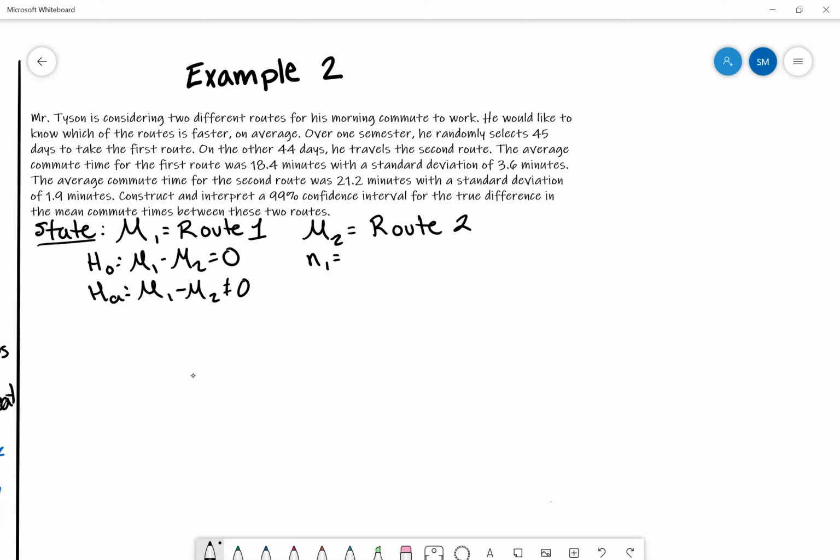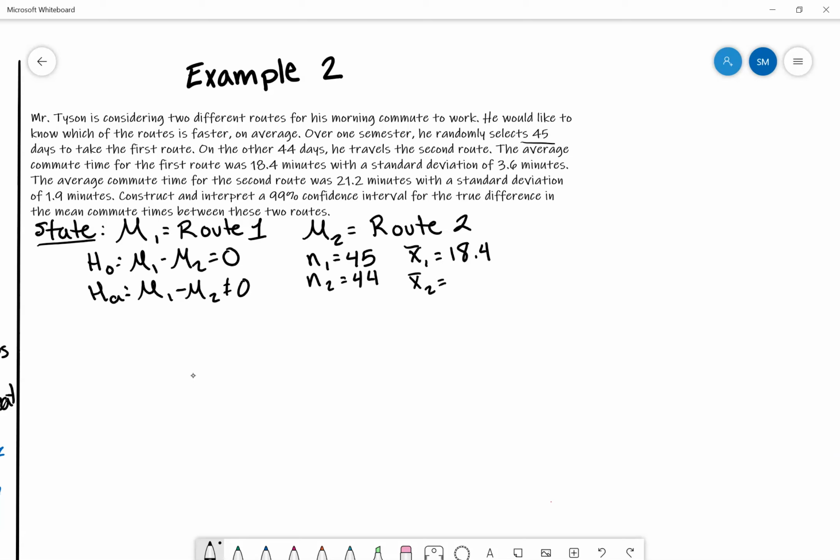So what is n sub 1? If you look right here, it says he selects 45 days to do route 1. So n sub 1 is 45. The other 44 days, he goes the second route. And it says the average commute time for the first one, so average time, was 18.4. So x bar sub 1 is 18.4.